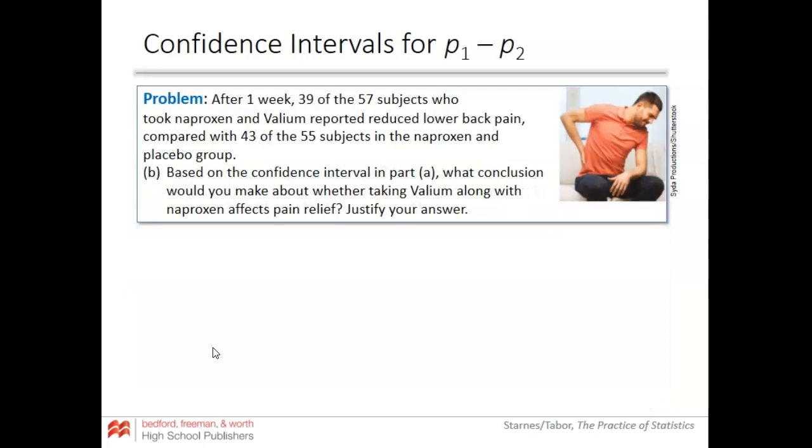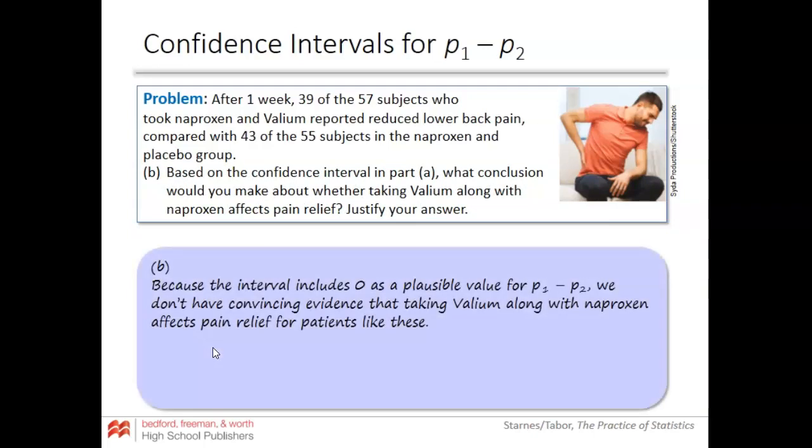So then the second part of the question is, based off of this, can we conclude, and we have to be careful, yes, you can draw conclusions from an experiment. However, in a confidence interval, 0 is a plausible value, which means that there might not be any difference at all, right?